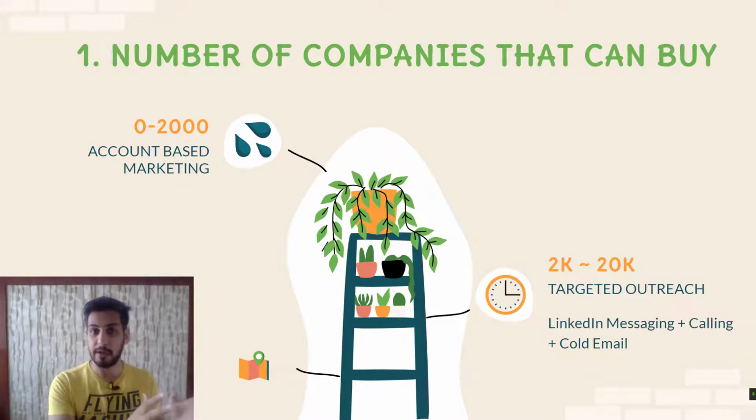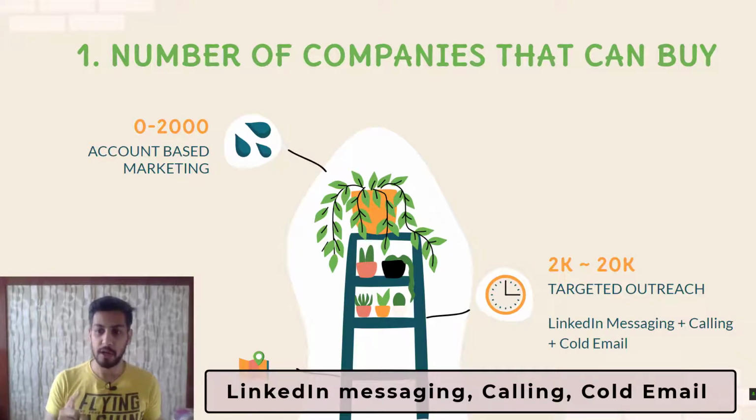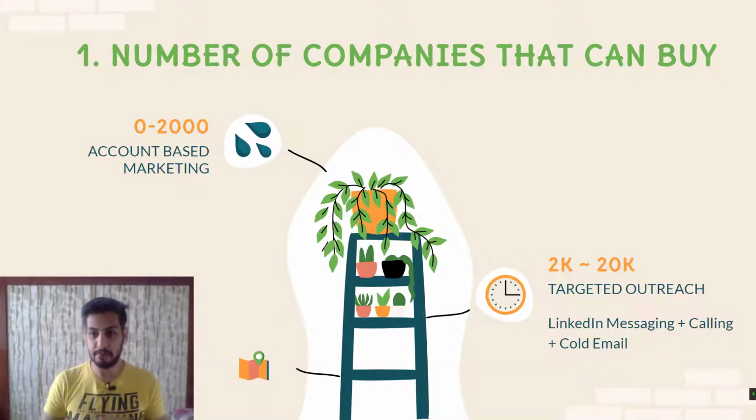Like if we send to 100 people, we can get 3% of them to agree to a meeting with us, or 1% of them, so that we can keep doing it month over month and generate a consistent number of outcomes, right? And for that, the 3 channels we usually suggest are LinkedIn messaging, calling, and cold email. And the personalization depends on whether you are in the 5,000 range, 5,000 companies that can buy from you, or the 20,000 range. The higher you are, the more personalized the approach is.